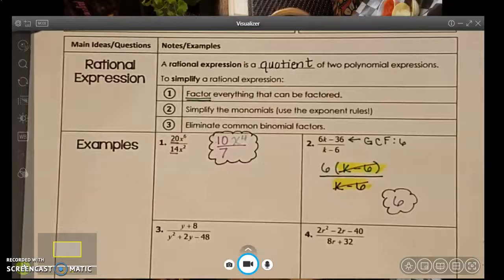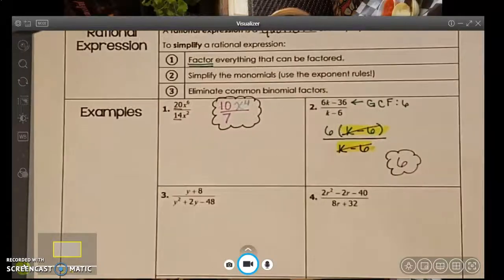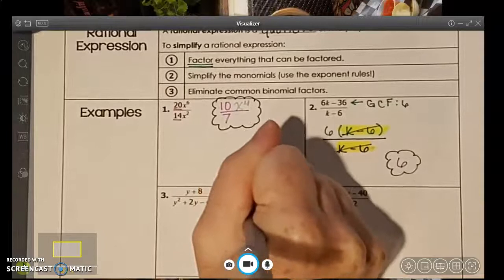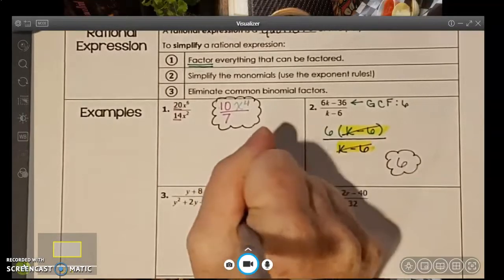All right, so number 3, we have y plus 8 in the numerator and y squared plus 2y minus 48 in the denominator. Notice the denominator is a trinomial. To factor this, we want to find what multiplies to give us negative 48 and what adds to give us 2.